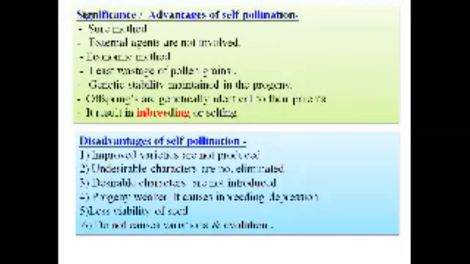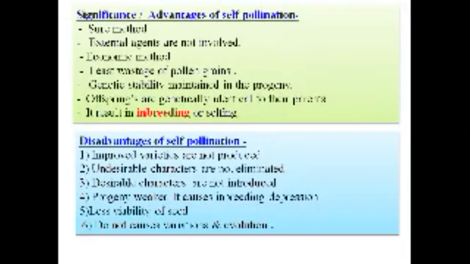These undesirable characters are not eliminated or desirable. These are the important characters of the plant, like size, shape, etc., or the yield of a crop. So the desirable characters are not introduced into the progeny.